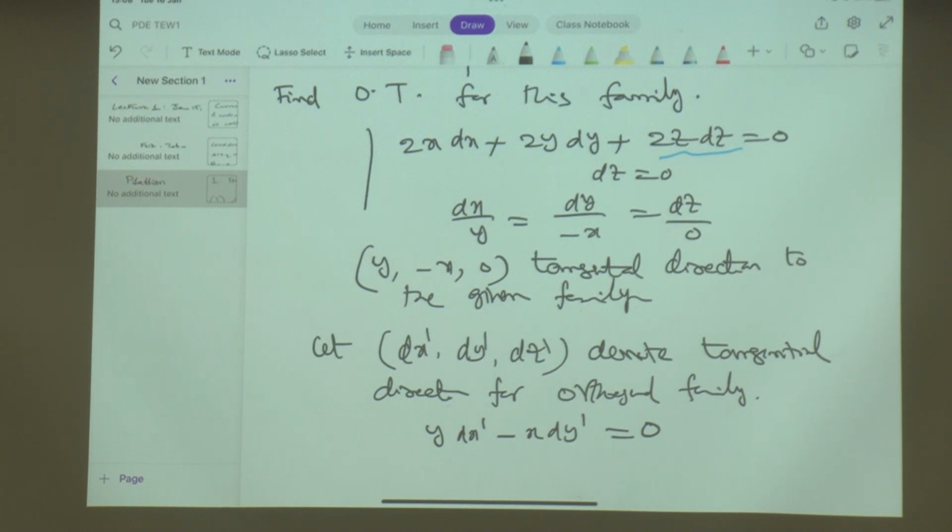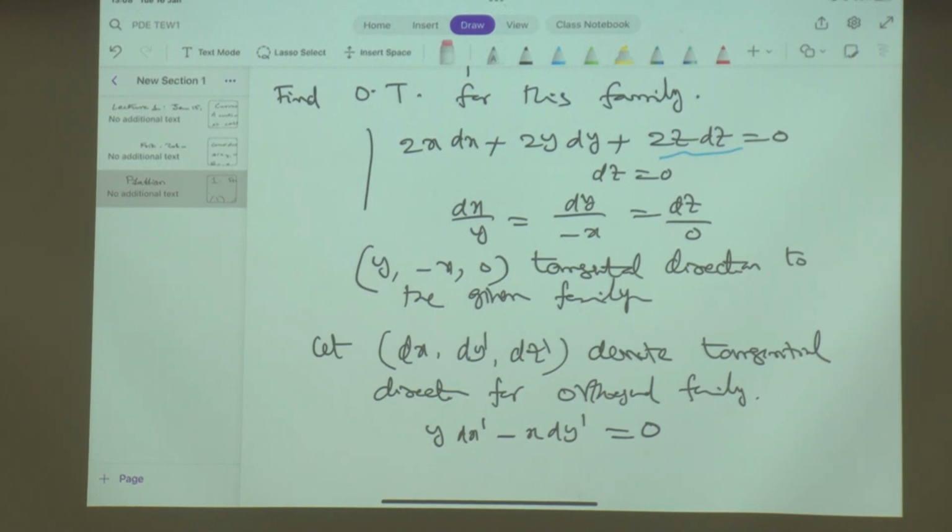I am using x dash, y dash, z dash as variables, so to avoid this confusion we just remove the dashes.